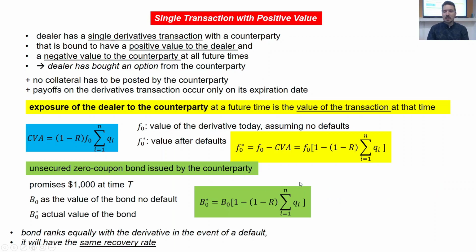Okay, but how can we do this? So we have this value here, then the book says, okay, let's take an unsecured zero coupon bond issued by the counterparty who can go to default. So there will be also two bond values, the value of the bond without default, so this is the B0, and the actual value of the bond, which obviously is considered to be risky because they can go down.